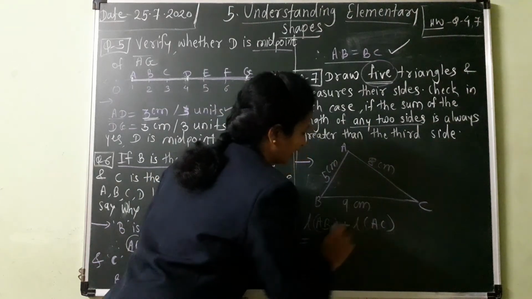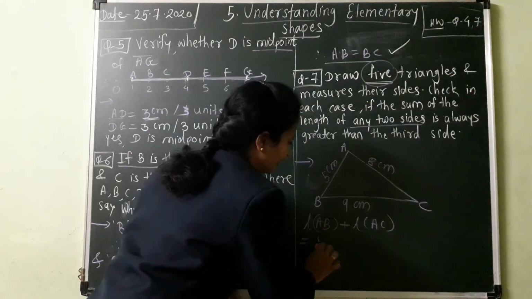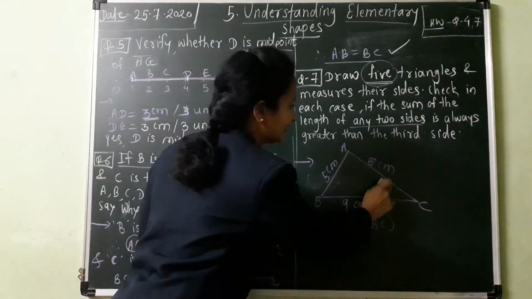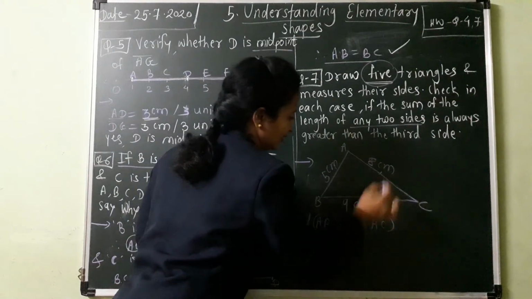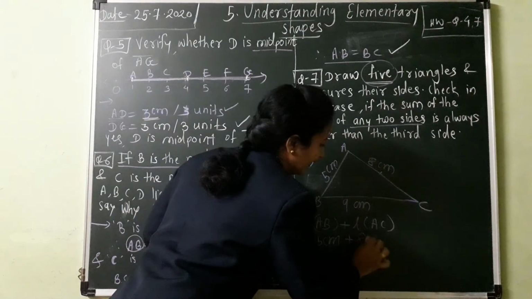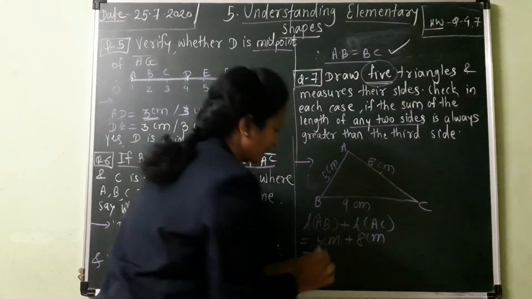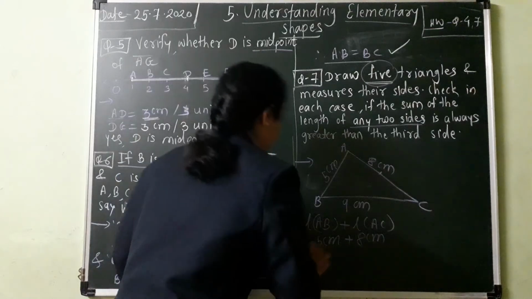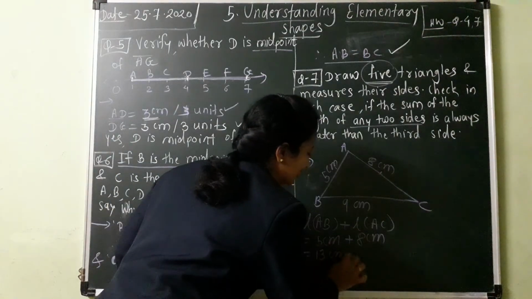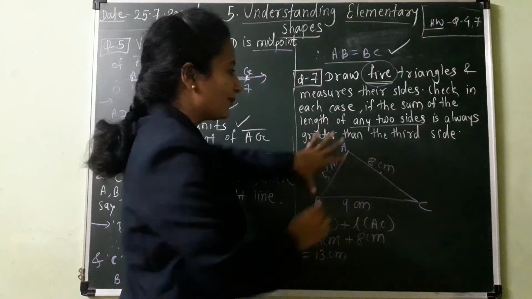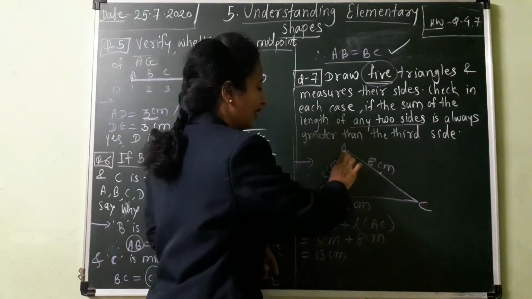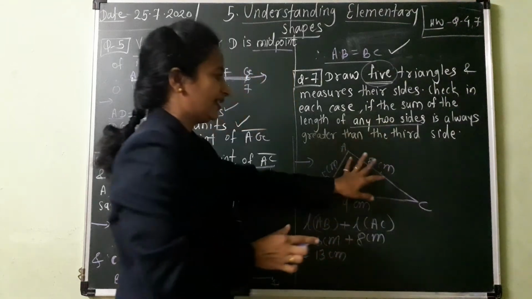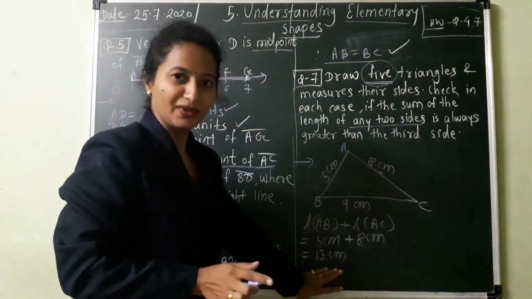The length of AB is 5 centimeters plus the length of AC, which is 8 centimeters. So what is 5 plus 8? It's 13 centimeters. Means the sum of the lengths of AB and AC is equal to 13 centimeters, right?